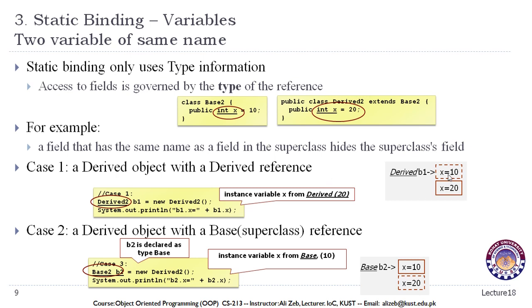This is something we need to keep in mind: if we declare an object with the subclass reference, then it will hide a variable of the same name from the superclass, and it will only access this variable from the subclass. But since we cannot access the variables or methods of the subclass from the superclass reference, in this second case the variable from the superclass will be accessed and the value x = 10 will be printed.